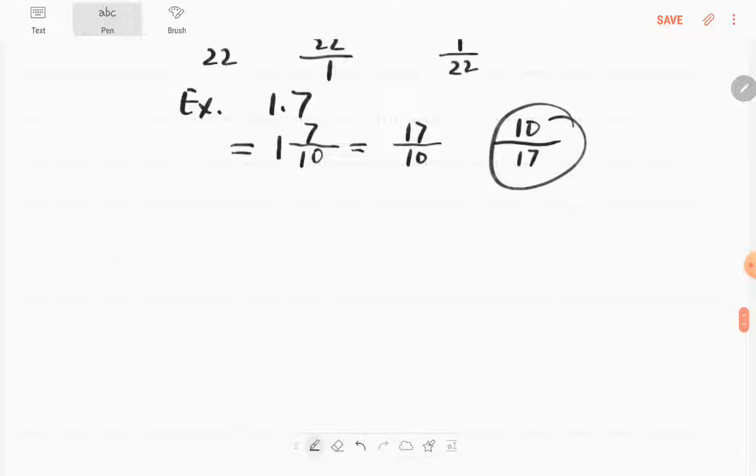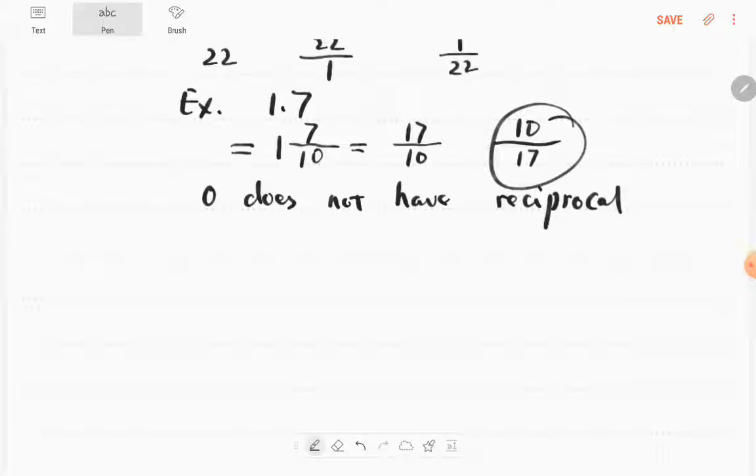And we should know a special case. 0 does not have reciprocal. Okay? 0 does not have reciprocal. Because we cannot find any number times 0 equals 1. That's impossible. Any number times 0 will be equal to 0.